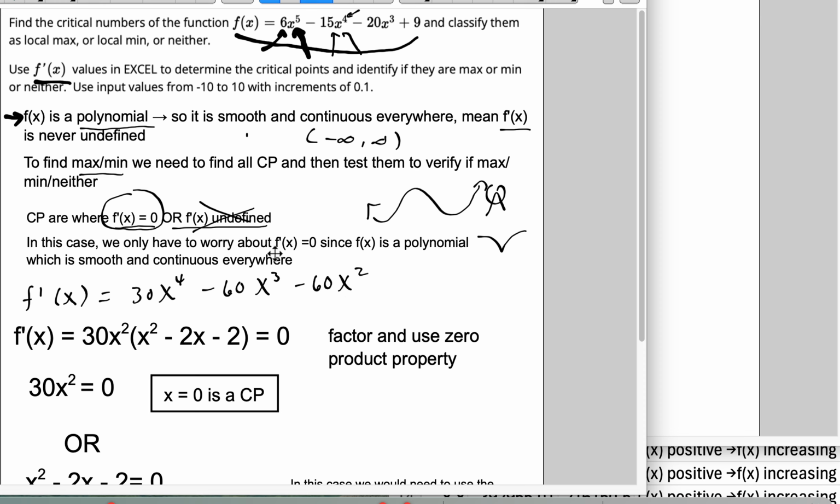Now I'm going to see if I can factor this, since I'm doing it by hand. I see there's a 30x squared in each term. So I factor out 30x squared, and that leaves me with x squared minus 2x minus 2. I want to set that equal to 0.